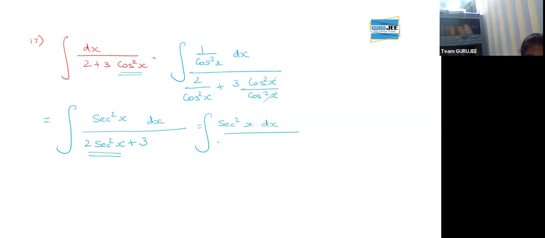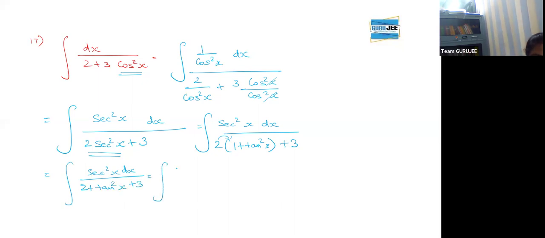Secant square x dx divided by 2 into 1 plus tan square x plus 3. Bring this 2 inside. What happens? Secant square x dx divided by 2 plus 2 tan square x plus 3, which will be equal to secant square x dx divided by 5 plus 2 tan square x.